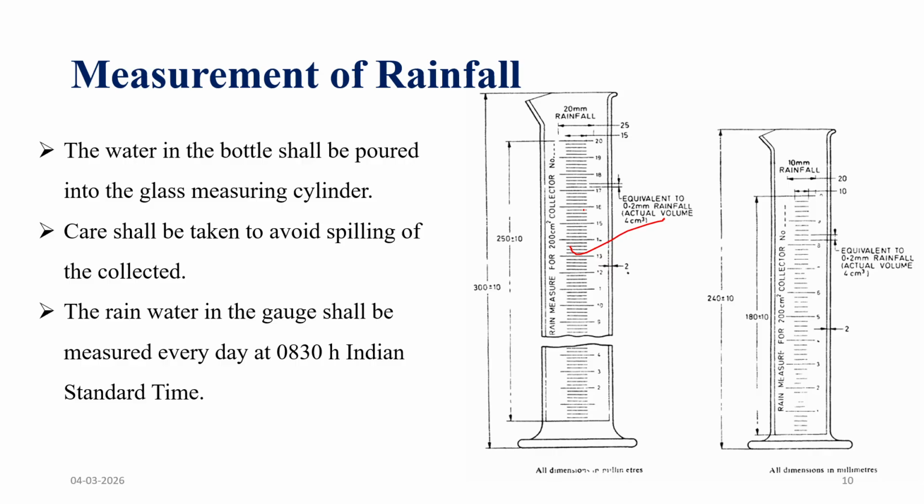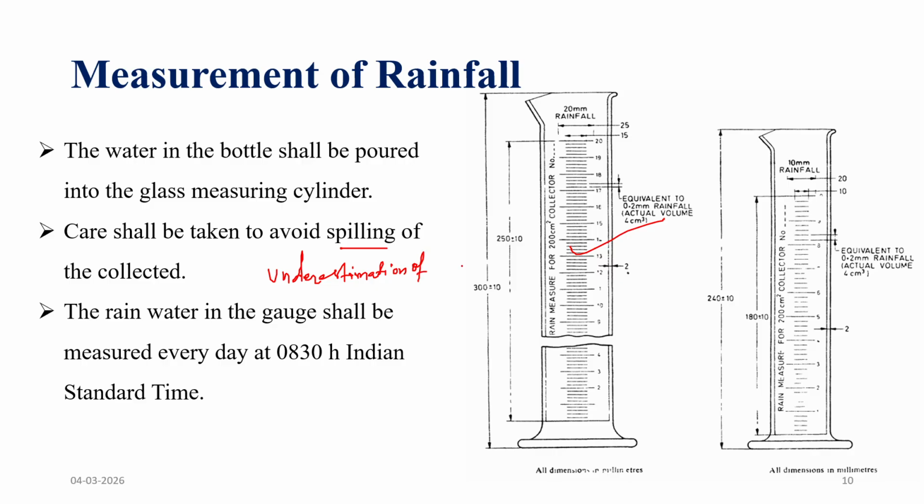If there is more water than the cylinder can hold, it is measured in multiple pours and added. Care must be taken to avoid any spilling of the water. Even a small loss can lead to underestimation of rainfall.